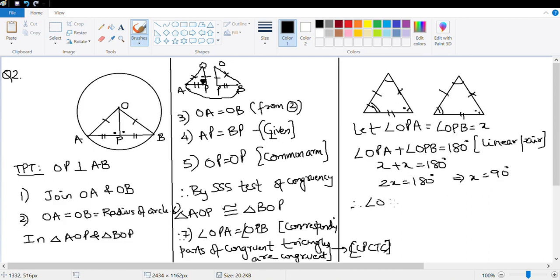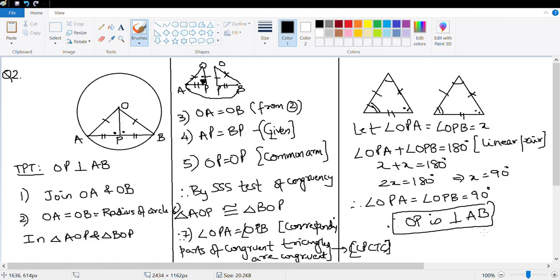Therefore angle OPA is equal to angle OPB is equal to 90 degrees. Is that what they wanted me to prove? Yes. Therefore OP is perpendicular to AB. Hence proved. Always a good habit to highlight your answer. In this question there was only one part, so I have highlighted the final one. Perfect. Let's look at the next question.